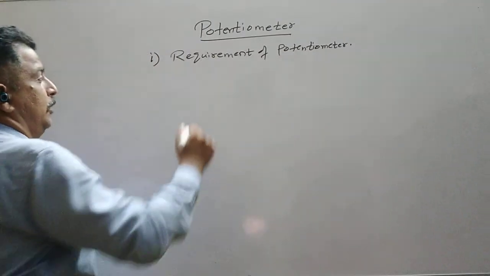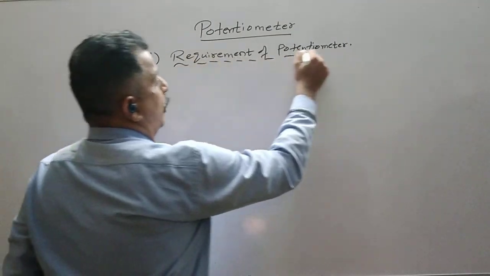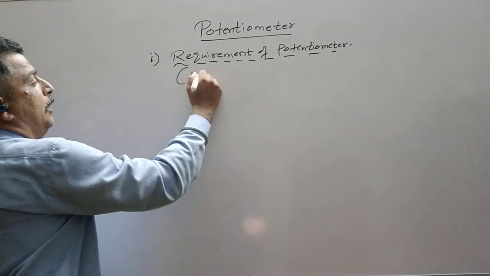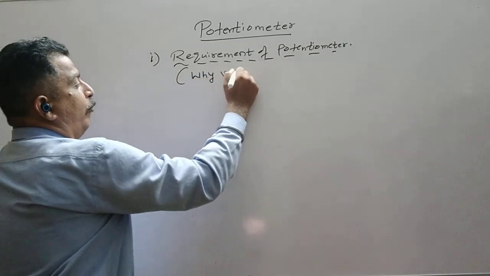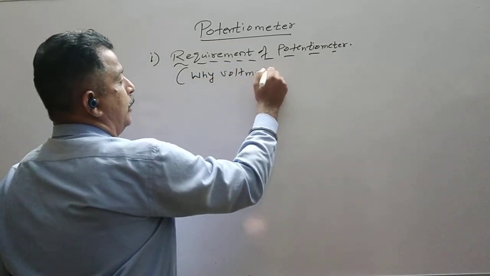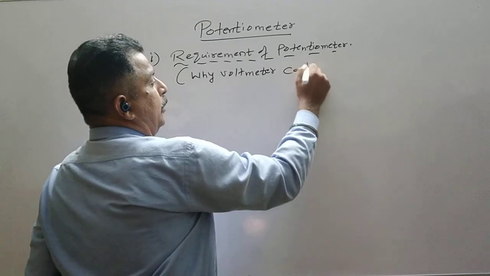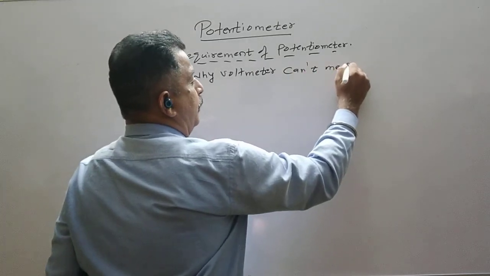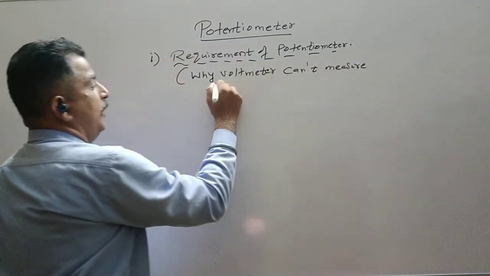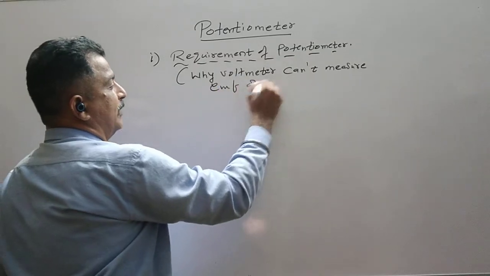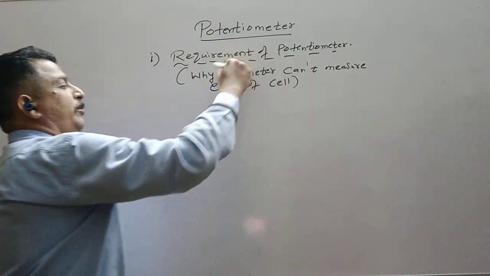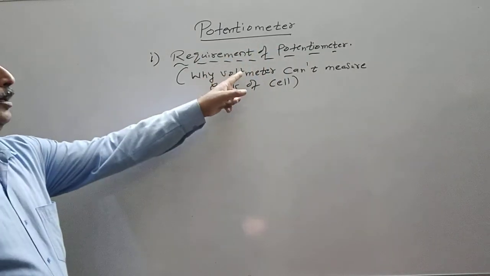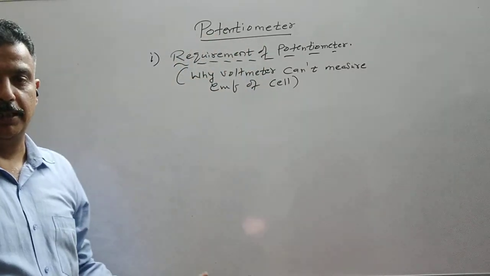So first is why the potentiometer is required, or you can say why voltmeter cannot measure the EMF of a cell. What voltmeter cannot do will be done by the potentiometer.